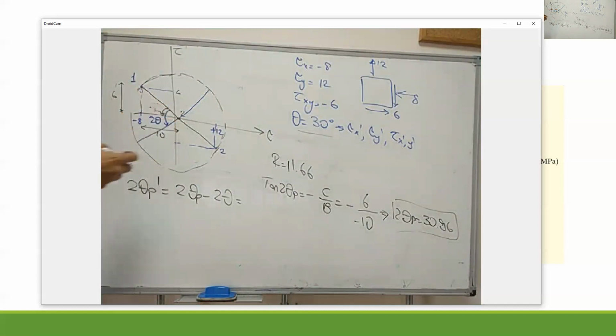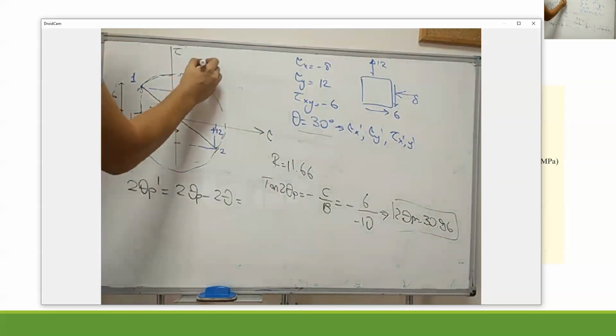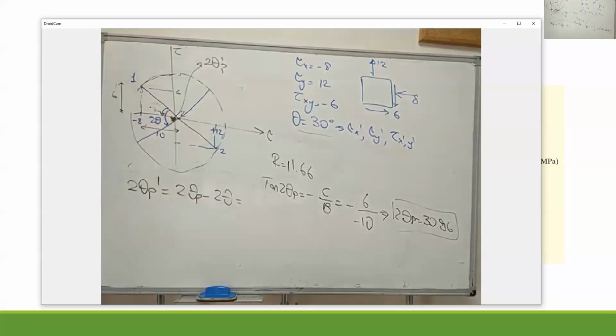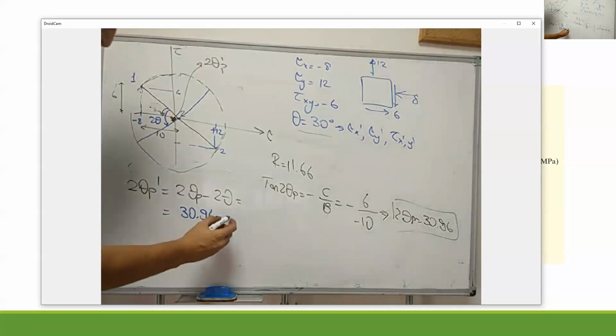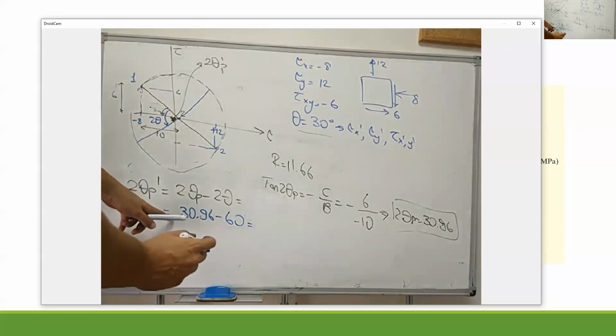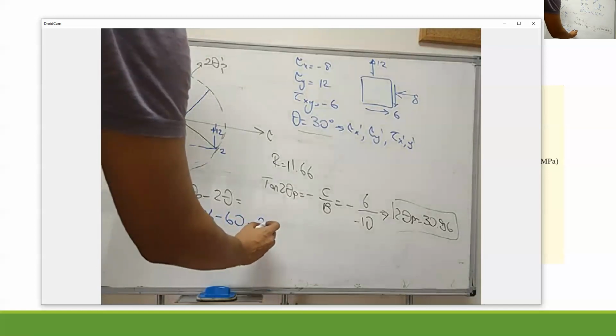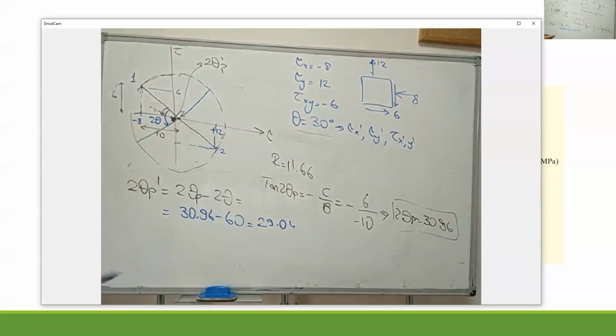This angle is equal to 2 theta p prime. So I need to find this. You can see this is 30.96 minus 60, so I think that is minus 29.04.